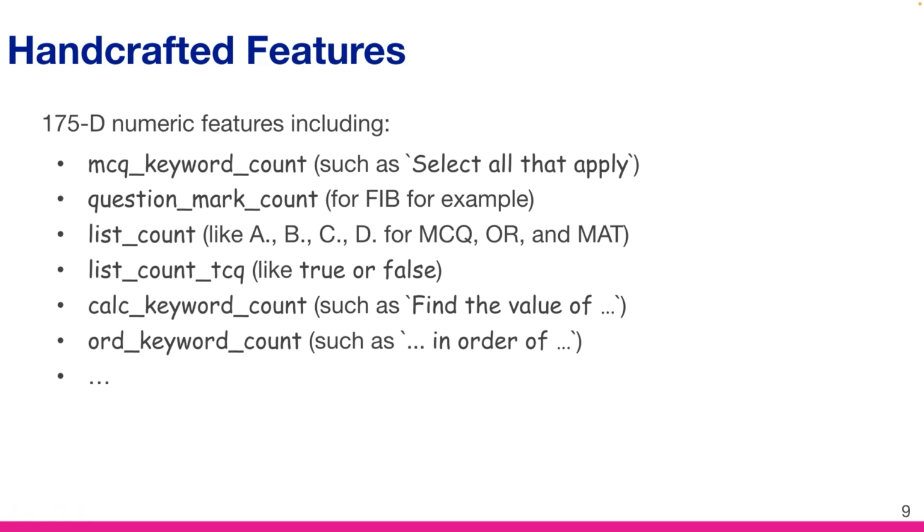"Order something" and "in order of something" also appear in ordering question types. So those 175 numeric features together with BERT are the main algorithm used in the question type classifier.